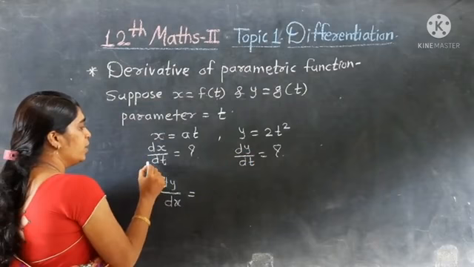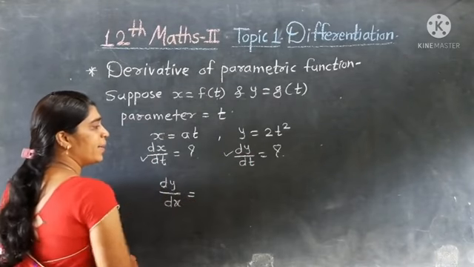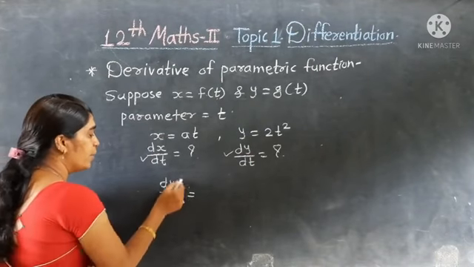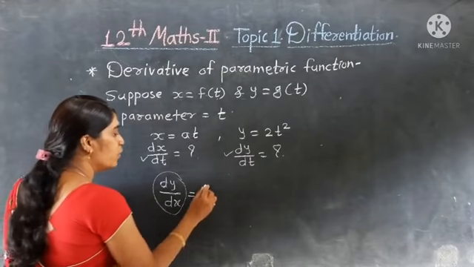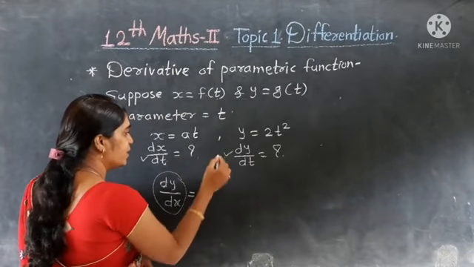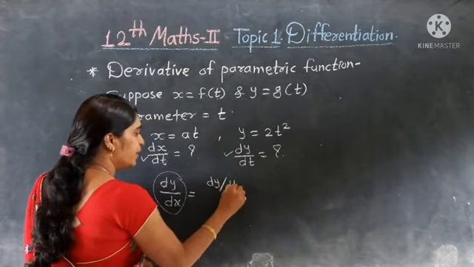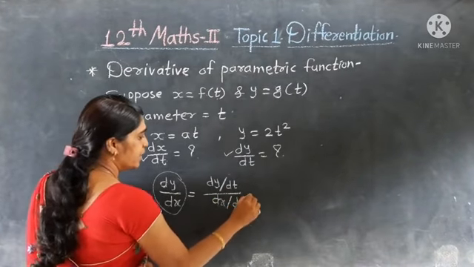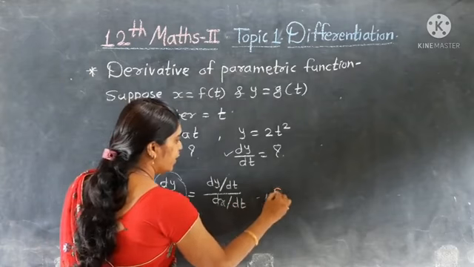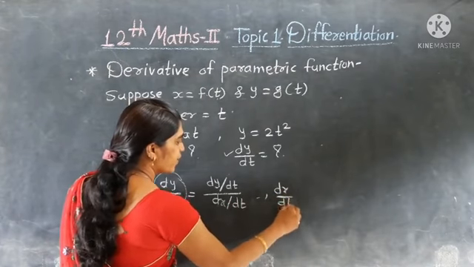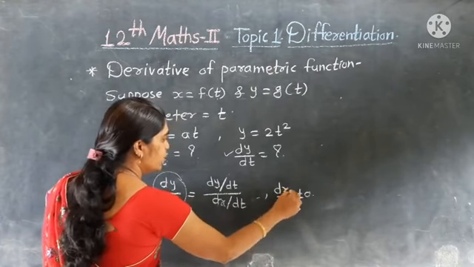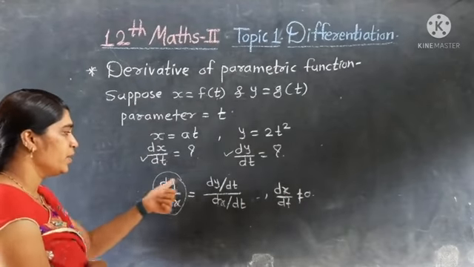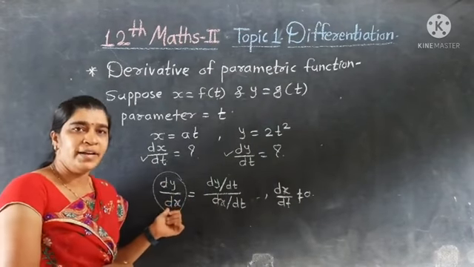But we want dy by dx. How do we find it? We divide these two terms, dy by dt upon dx by dt, where dx by dt is not equal to 0. In this way we can find dy by dx.